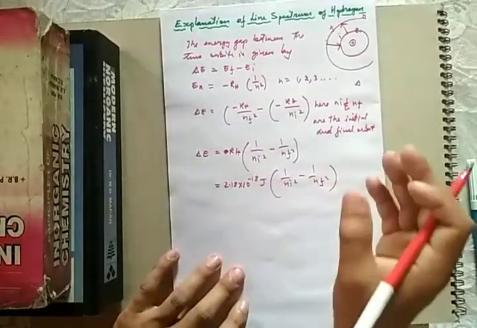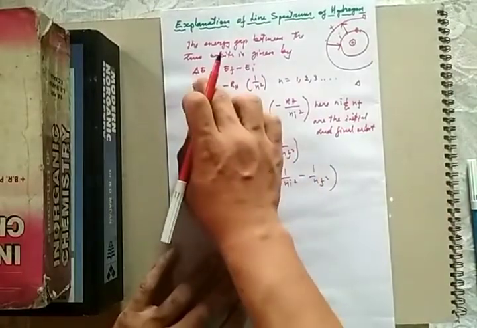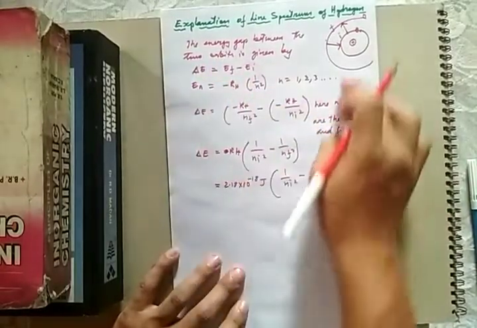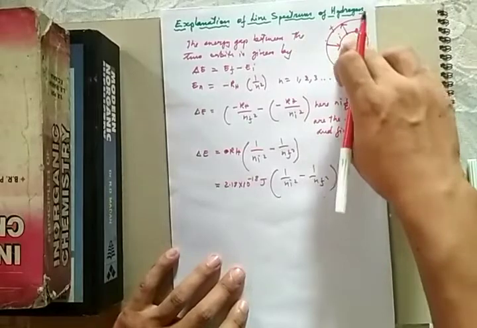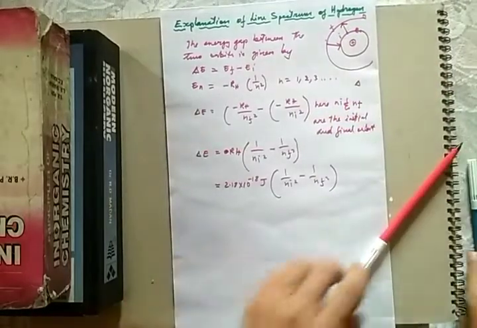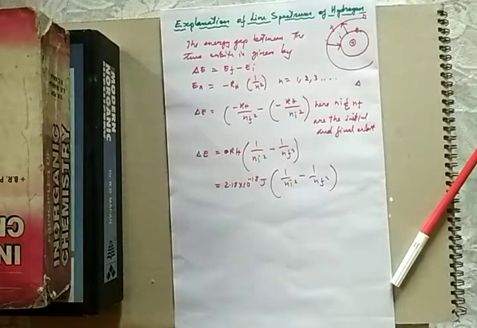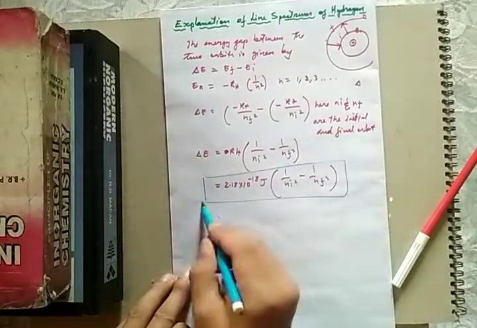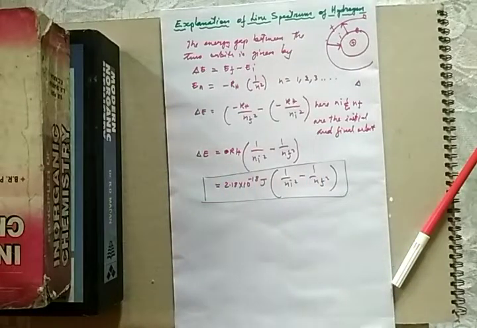Using this value we can find the energy gap between the final orbit and initial orbit. If you are to find the energy gap between the two, you will use this relation.